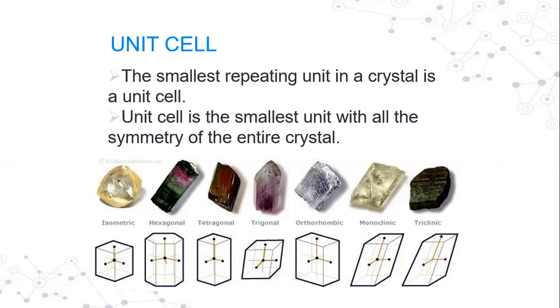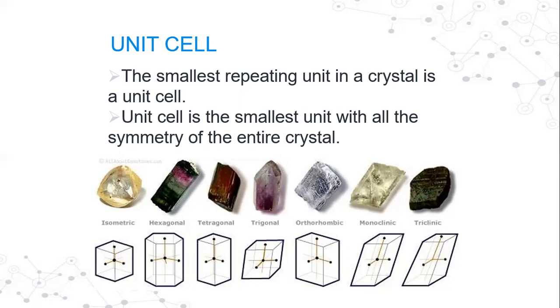Here you can see the different types of crystal structures in the unit cell form. Below that are the different crystalline structures. The first one is isometric, second hexagonal, third tetragonal, fourth trigonal, next orthorhombic, monoclinic, and the last one is triclinic.